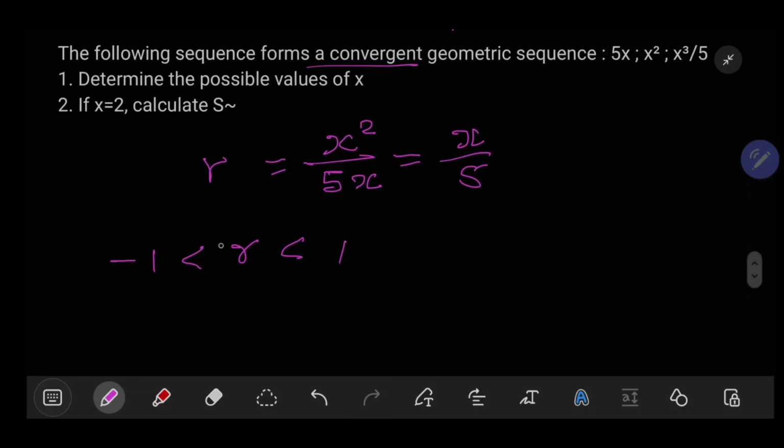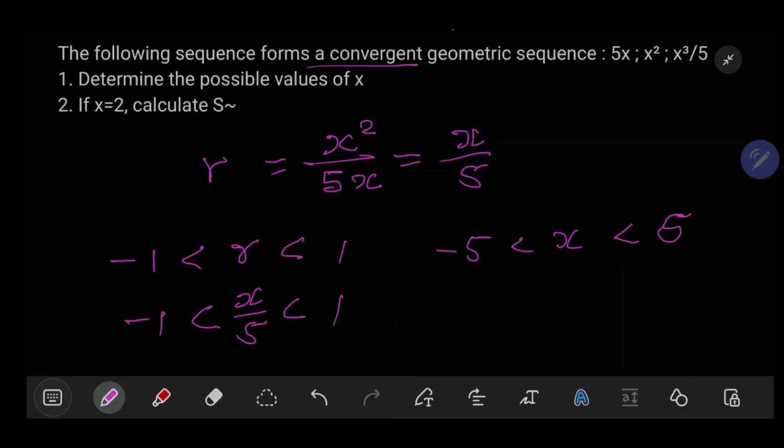Where we see r, we're going to put x over 5, between -1 and 1, and then we're going to solve for x, or make x the subject of the formula. So we're going to multiply both sides of these inequalities by 5. Now our solution will be -5, then here we have x, and here we have 5. So the possible values of x are that x must lie between 5 and -5.